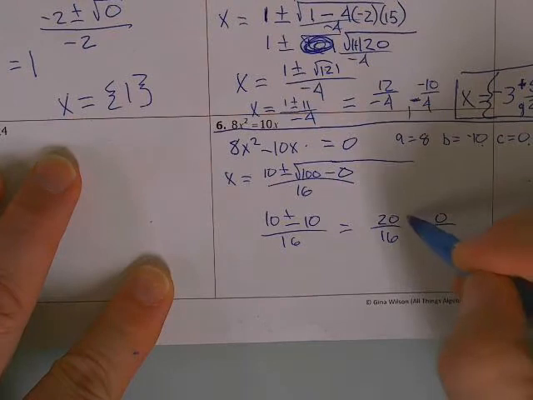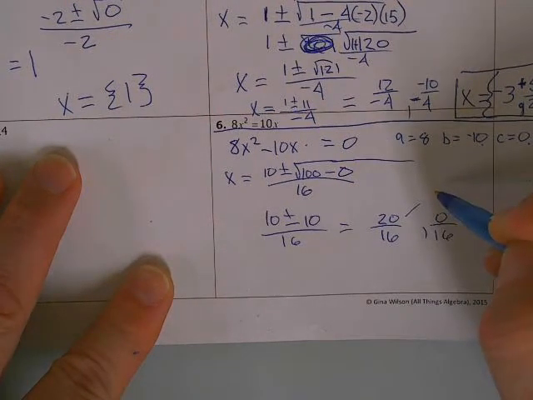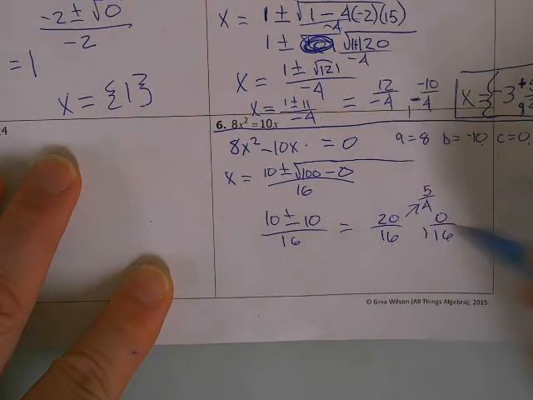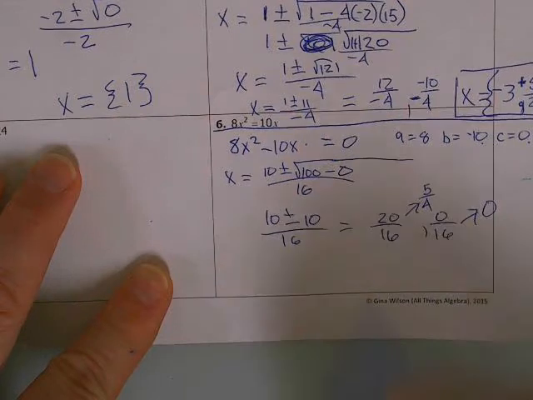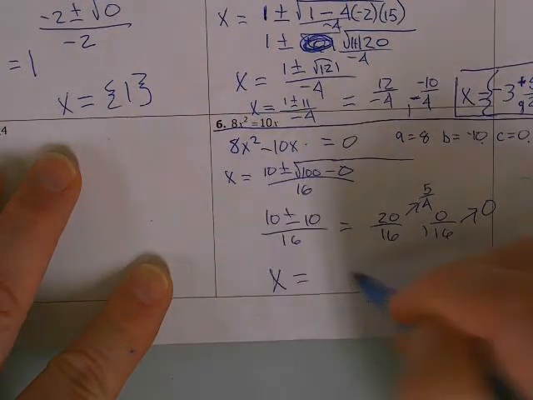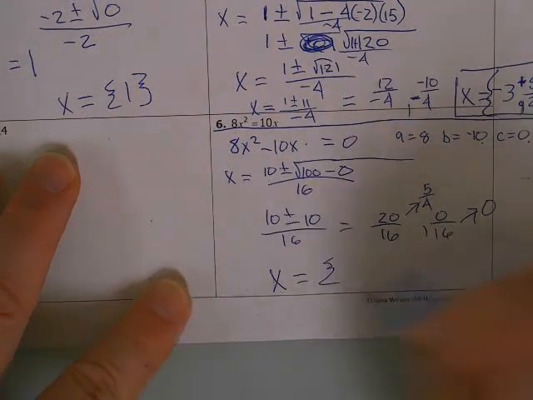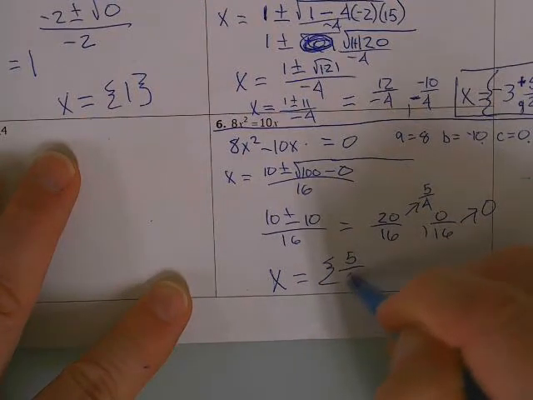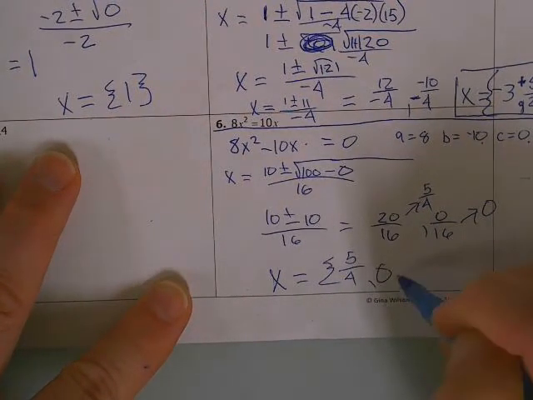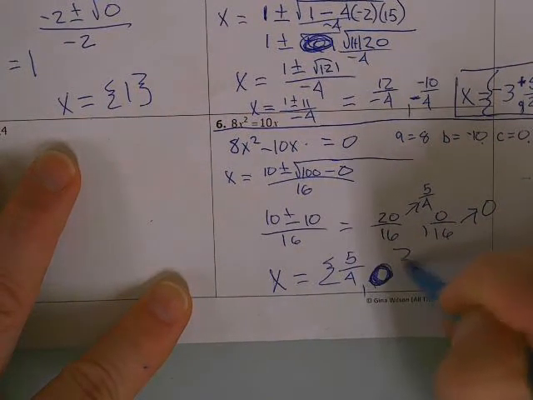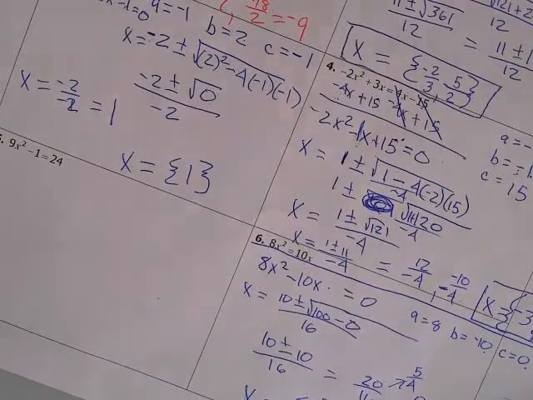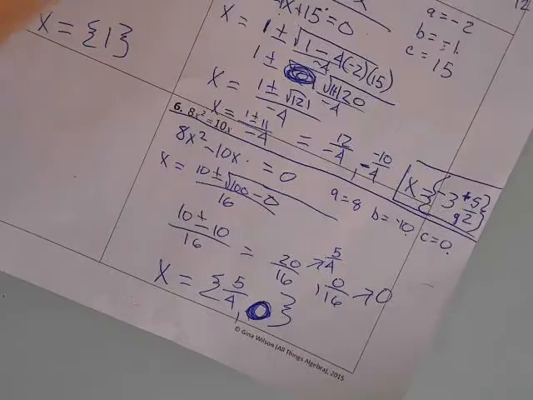So 20 over 16 reduces to 5 over 4. And 0 over 16, of course, is 0. So my x is equal to 5/4 or 0. Any questions?